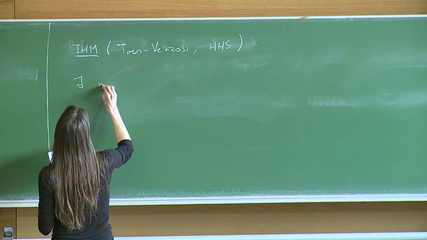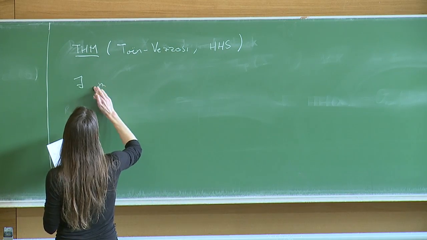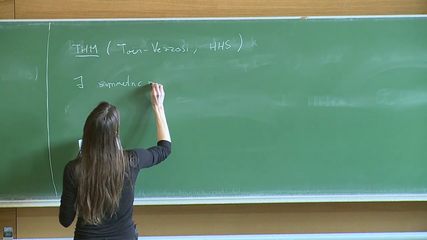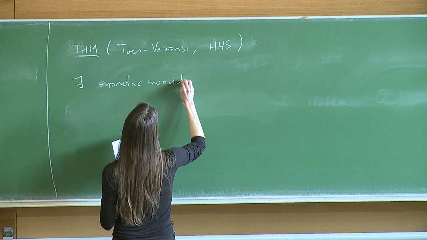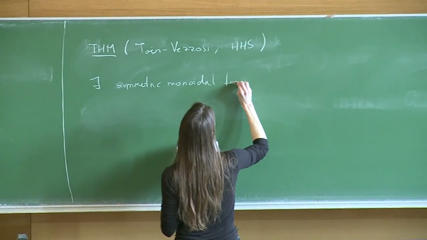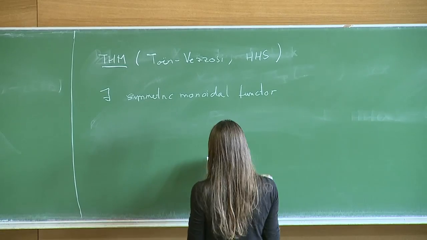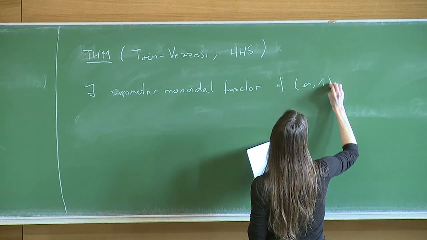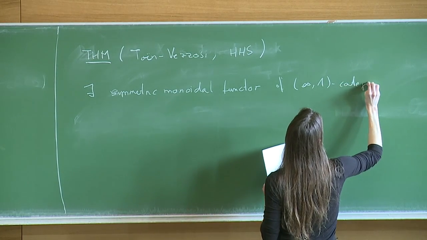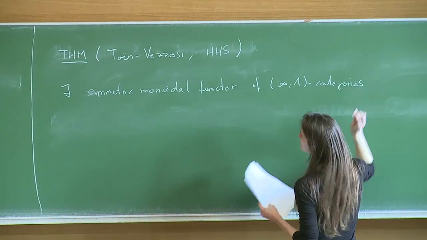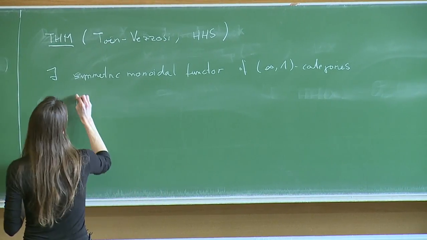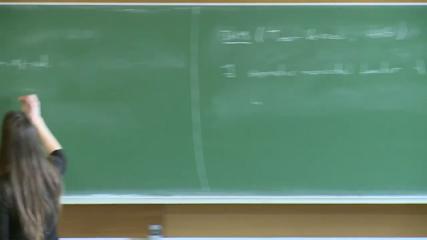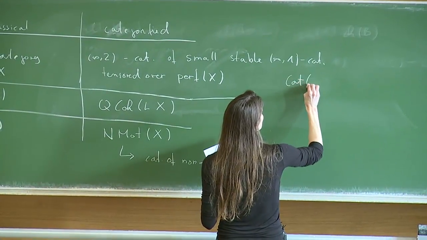So there is a symmetric monoidal functor of infinity 1 categories. I want to denote this category by Cat x.